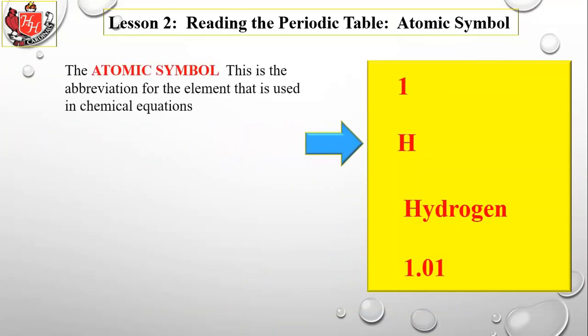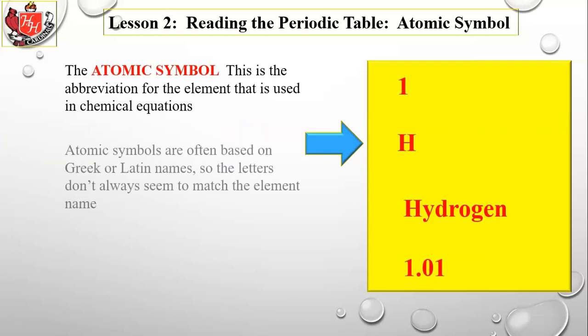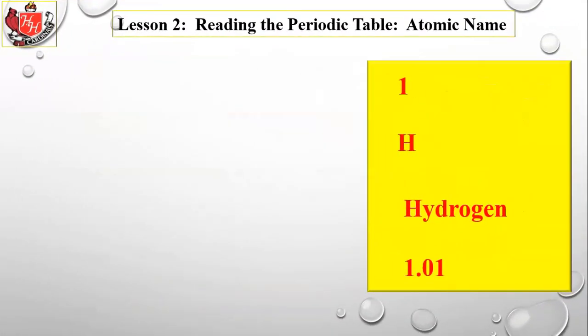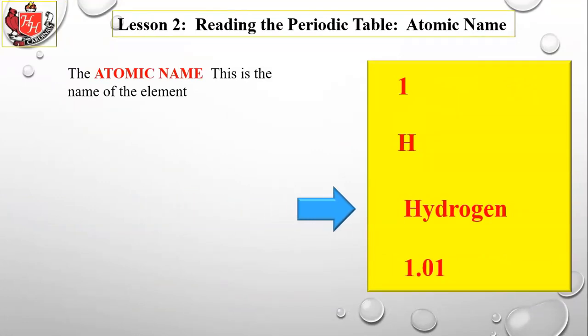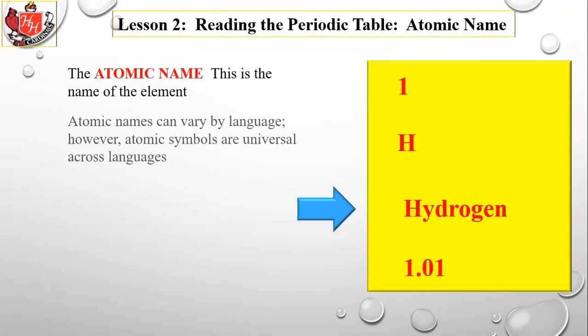The atomic symbol is the abbreviation for the element that is used in chemical equations. Atomic symbols are often based on Greek or Latin names, so the letters don't always seem to match the element name. The atomic name, this is the name of the element.